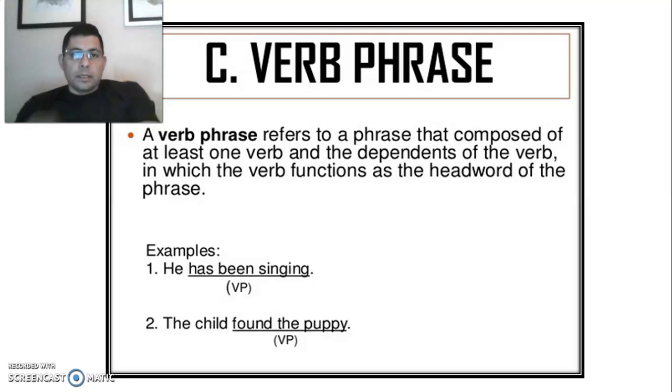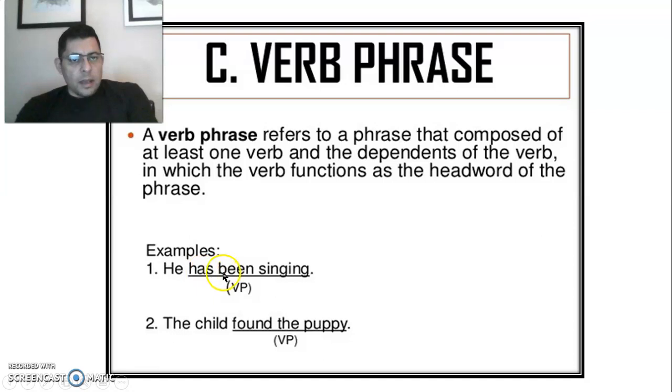Our next phrase, and this is a phrase that I'm not going to explain that much at this moment, because when we talk about verb phrases, verbs imply many things, and so far I'm not going to jump into this in detail. But what is a verb phrase? Again, a verb phrase, the principal word is a verb. So for example, if we have here, "he has been singing," how many verbs can you see in this sentence?